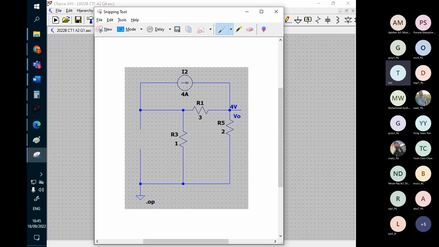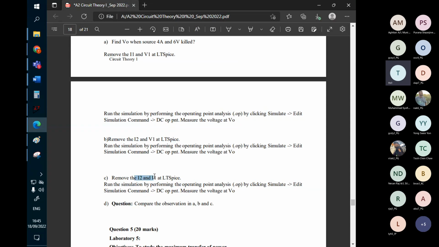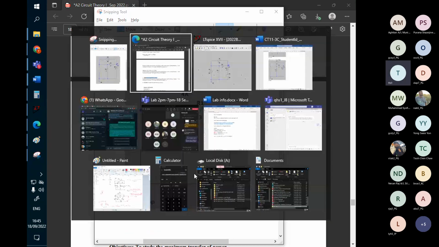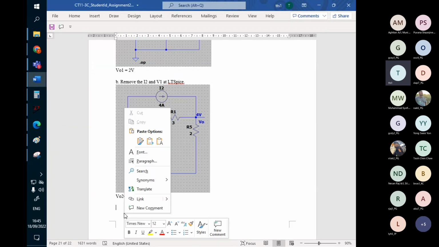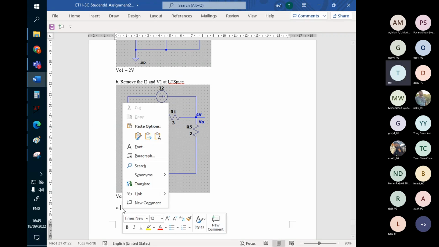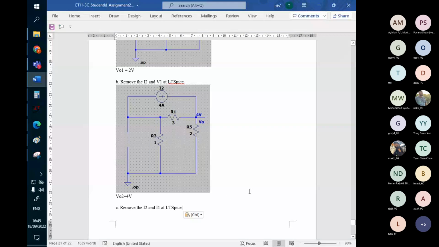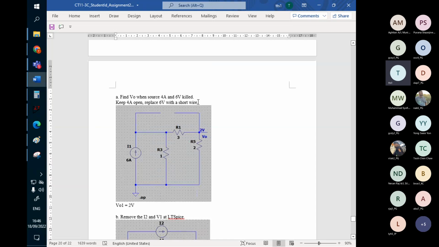Now we just need to delete the last combination, I2 and I1. That means we leave only the voltage source on. Okay, first copy the instruction, C. Keep the message here also using the same message.